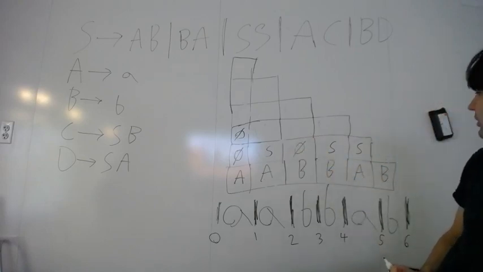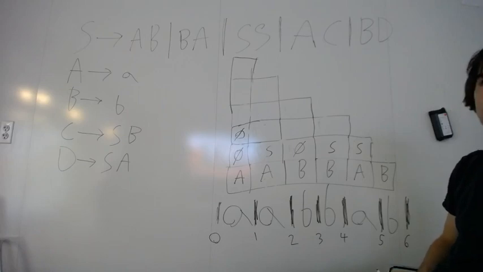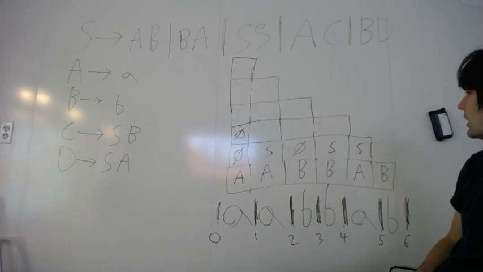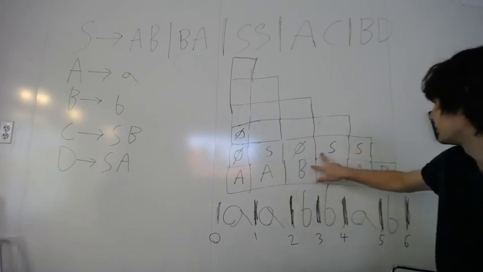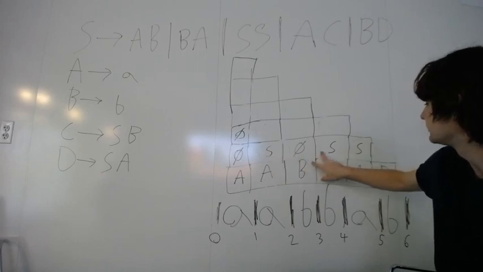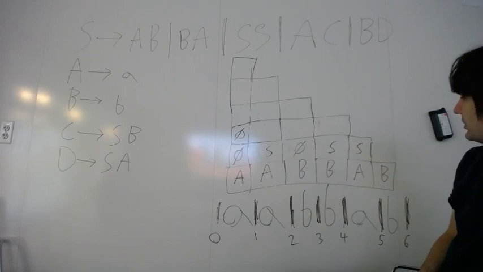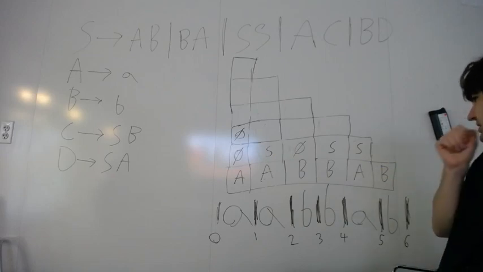I think it checks all. Yes. And so do any of those pairs have variables that lead to them? Sorry, this pair or this pair? My bad. Is that right? SB, B. We're generating ABB?